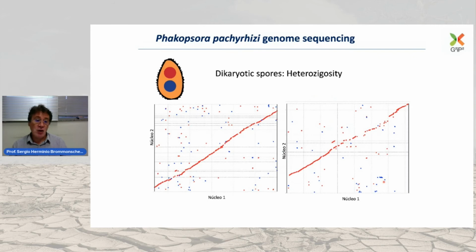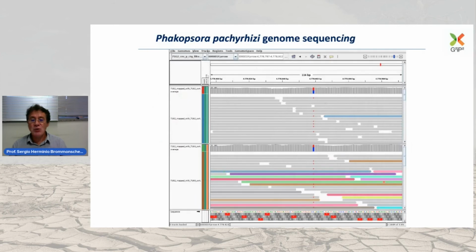Phakopsora has dikaryotic spores, so you can see a lot of heterozygosity. Just by looking at the SNPs, you have 50% red and 50% blue, indicating that we have 2 different alleles at this specific position.